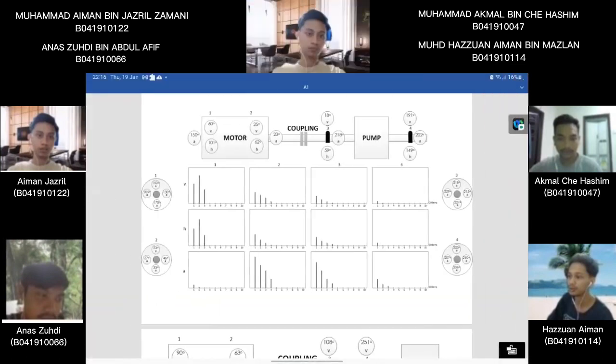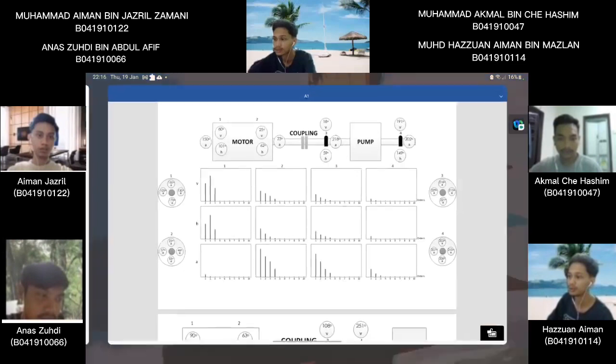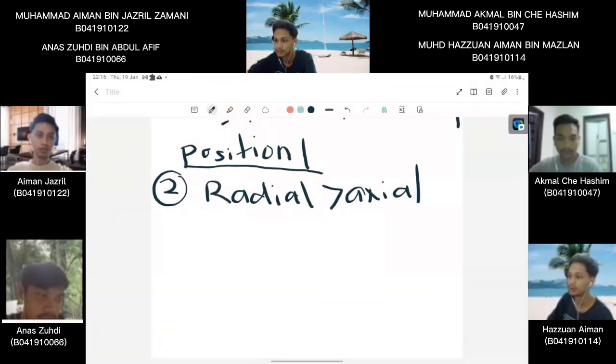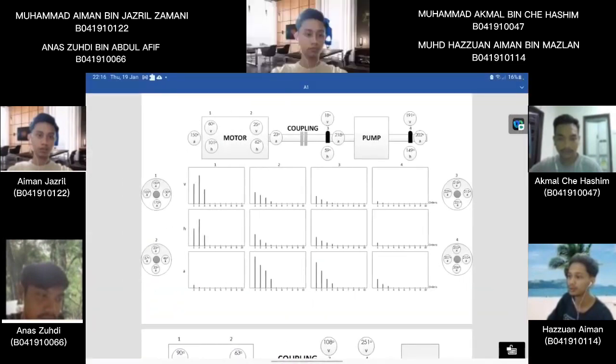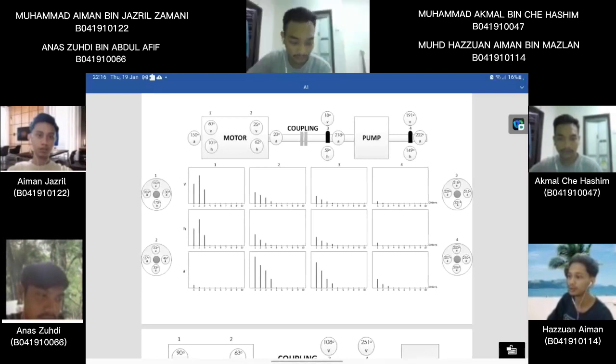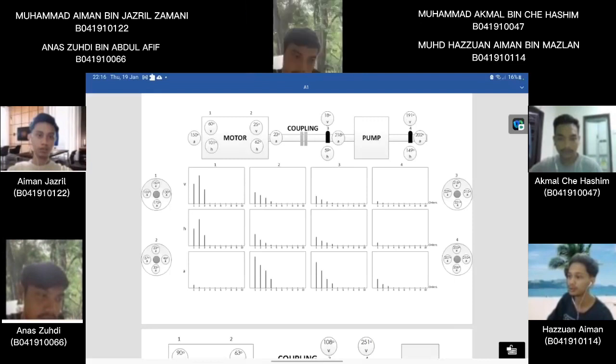The second criterion is 1x, 2x, and 3x. We have 1x, 2x, and 3x. The third criterion is we choose which one is the biggest. 1x and 2x are bigger than 3x, in the radial direction.